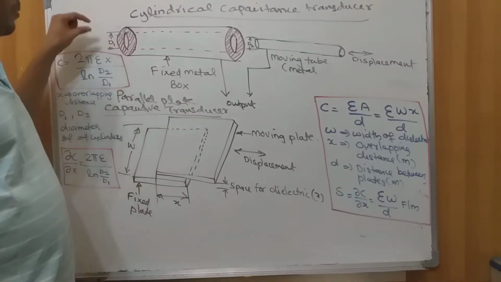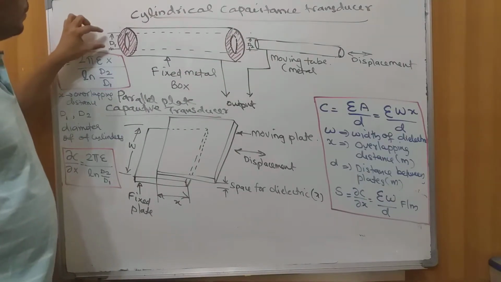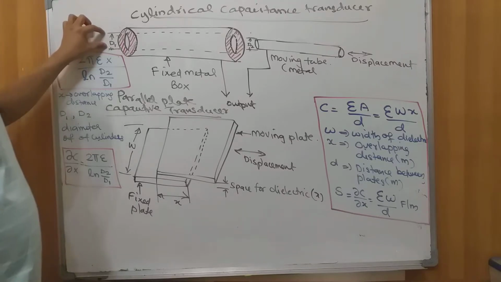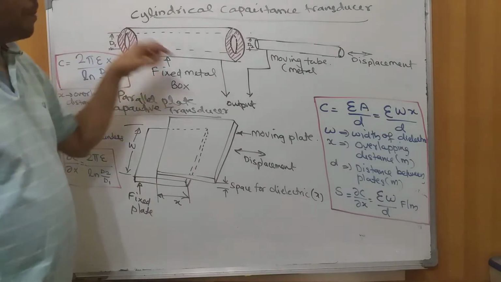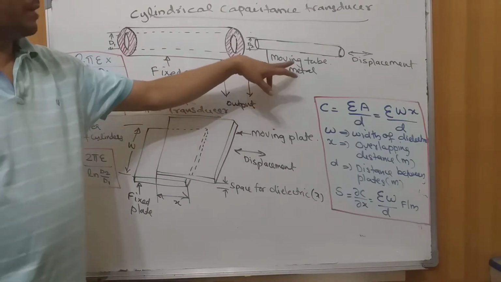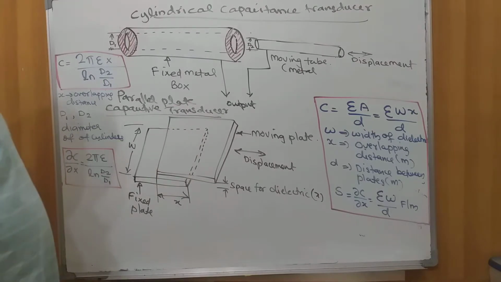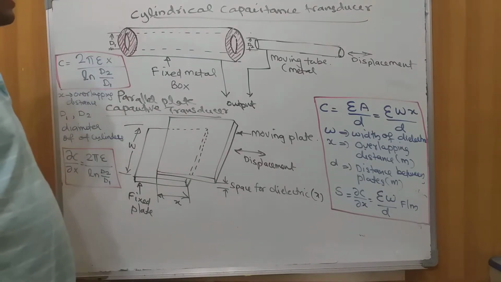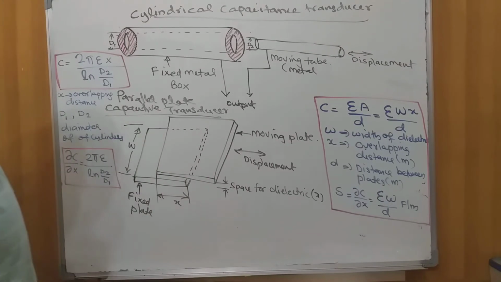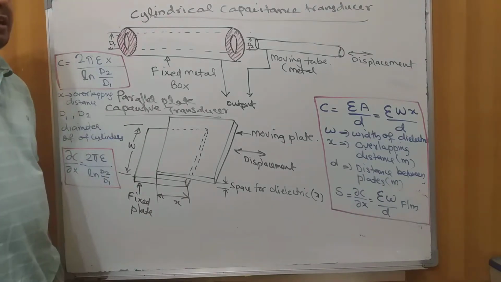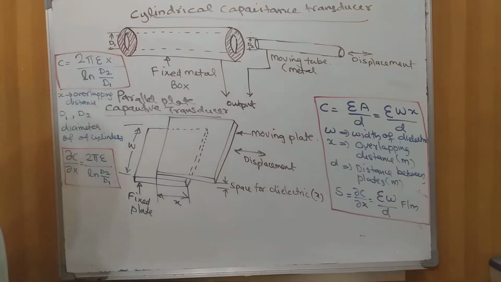There is a space in between these two cylinders. Let us assume the inner diameter of the fixed metal tube is D1, and the moving metallic tube is D2. The space in between is required for the dielectric material, and most probably air is used as the dielectric.